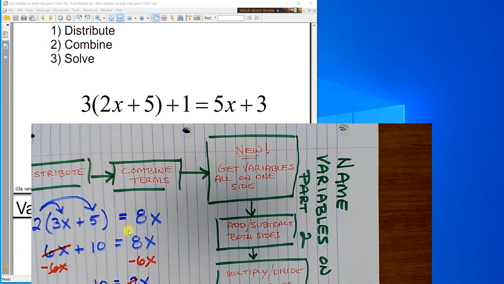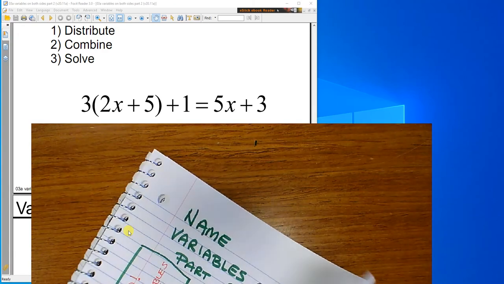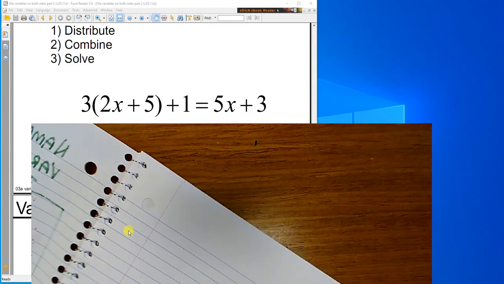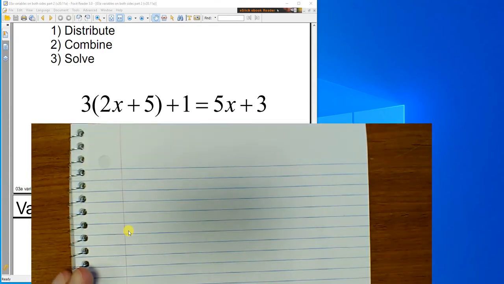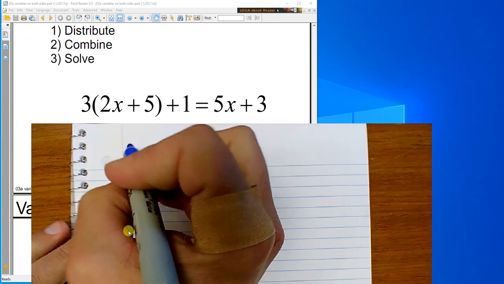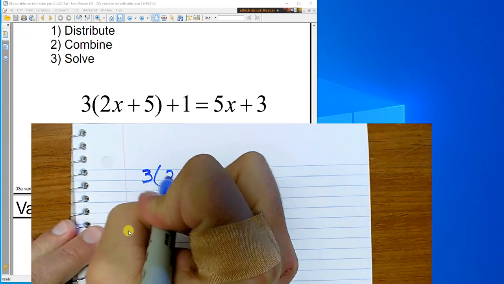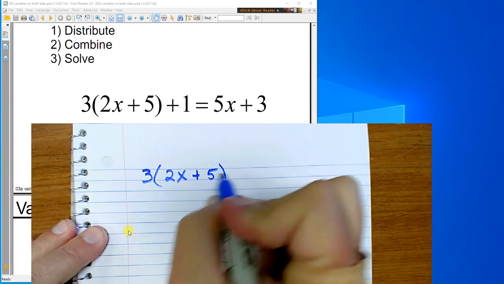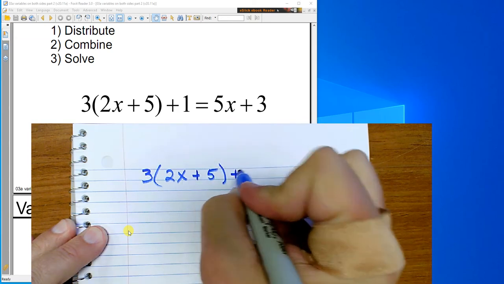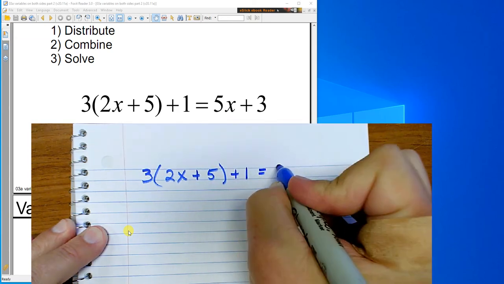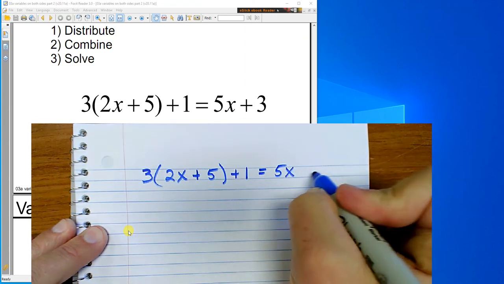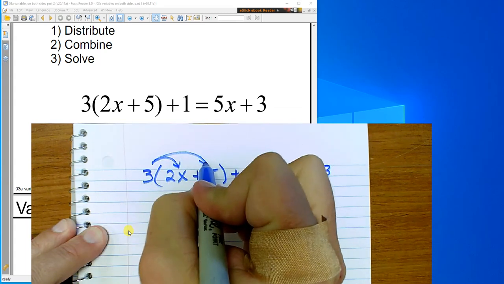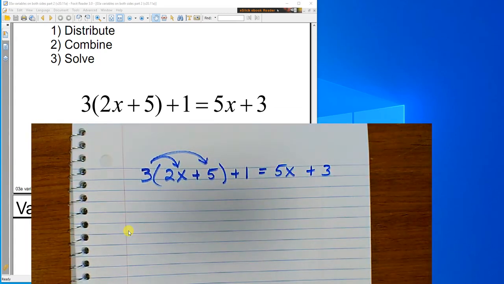It's got everything from that flow map. It's got the distribution. It's got the combining of like terms. So we're going to start with the distribution step.